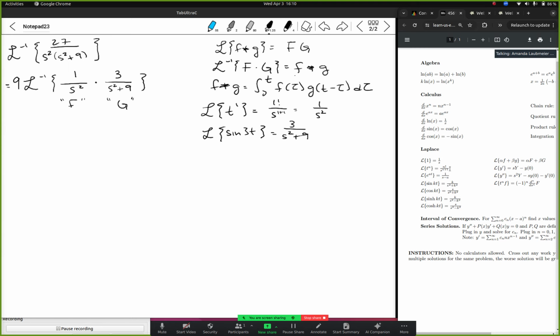So now I'm going to need to know how to get to little f and little g from each of these, but they are just going to be t and sine 3t, because I carefully picked the way that these two were written so that I could really easily copy them down from my basic Laplace transforms.